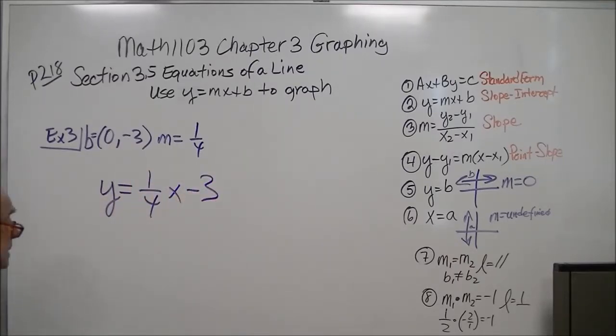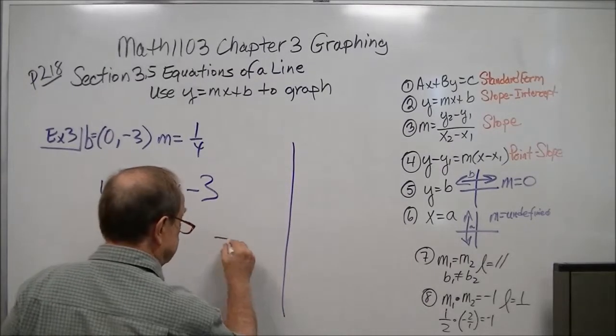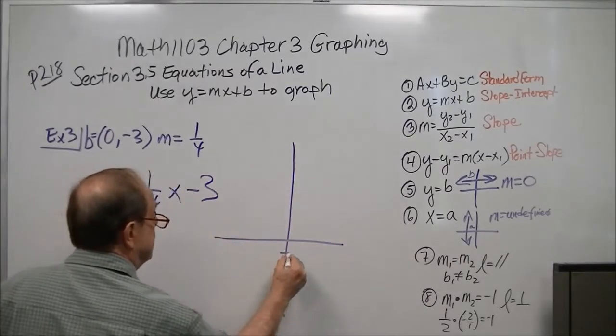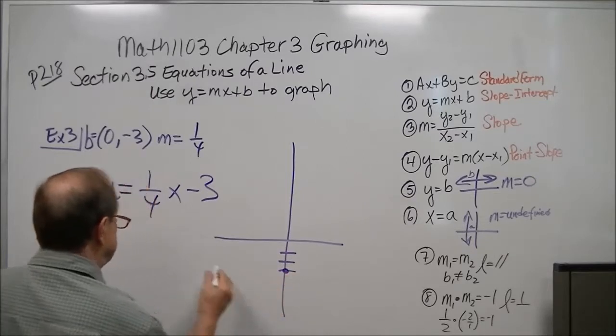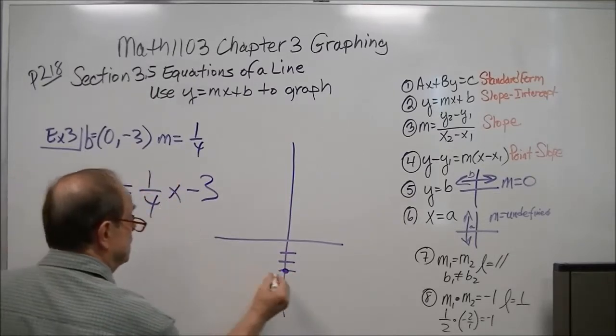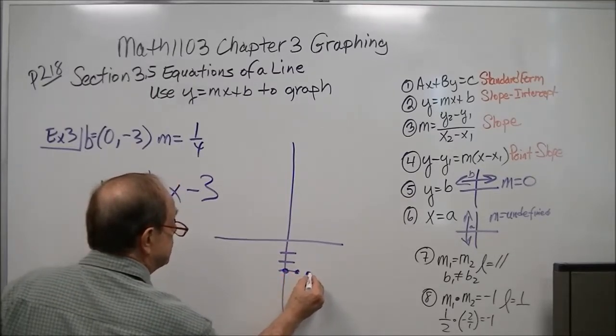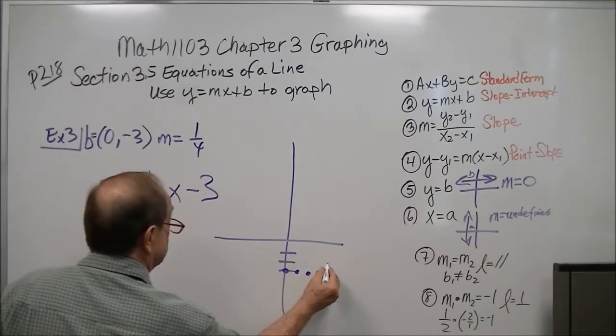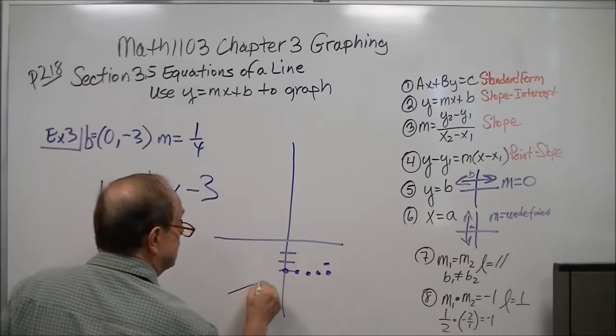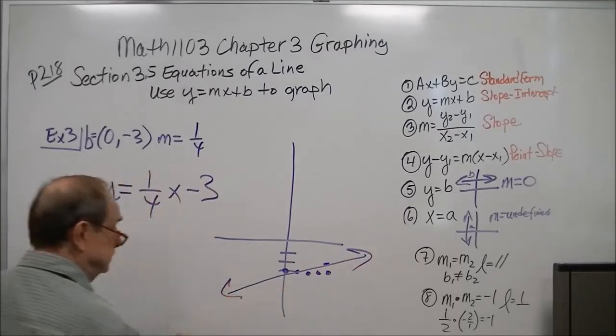And to graph that, just for some more practice here, y-intercept is -3, slope is 1 over 4, so my run is +4, my rise is 1, and there's my graph.